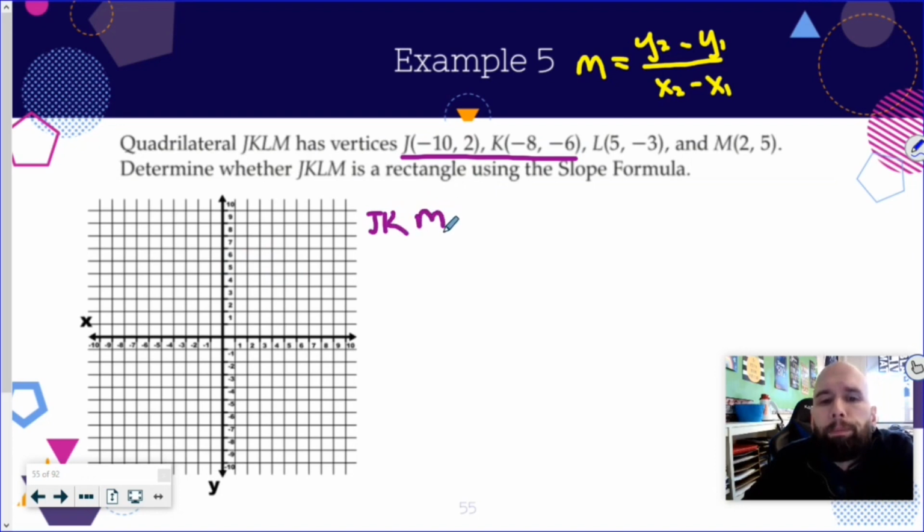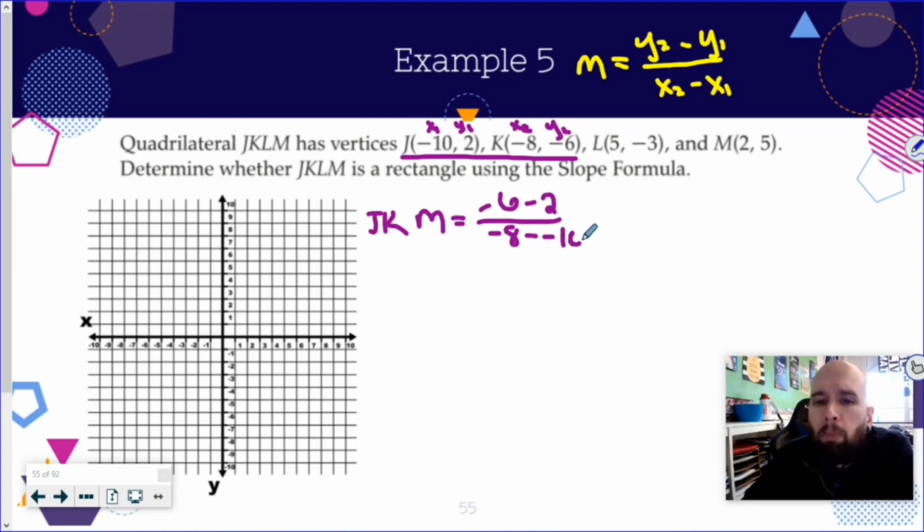The slope for JK is going to be, let's mark these x1, y1, x2, y2. So my slope is going to be negative 6 minus 2 over negative 8 minus negative 10.